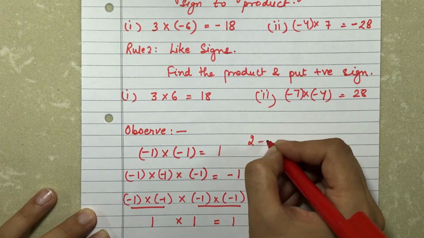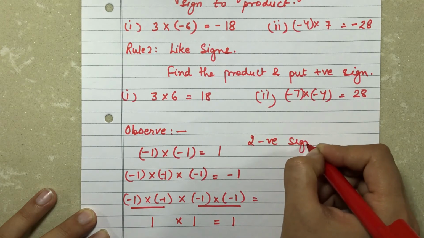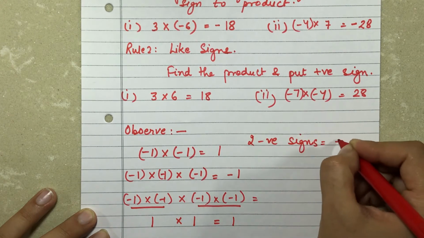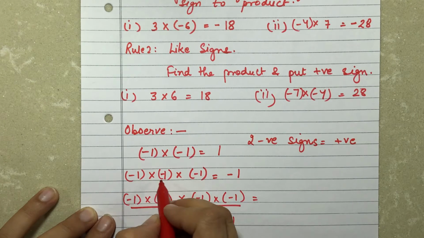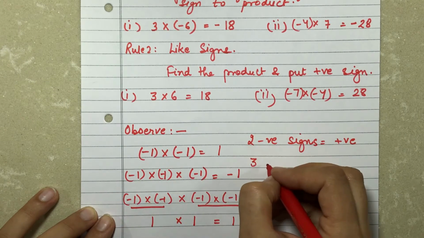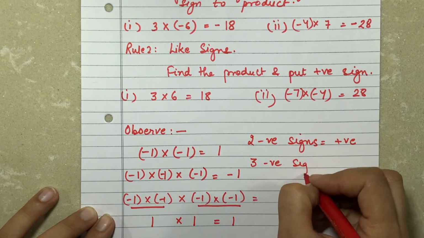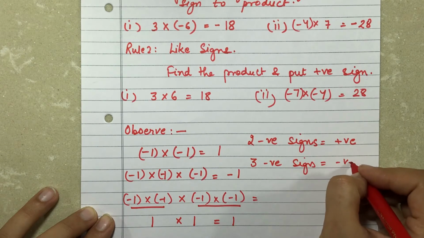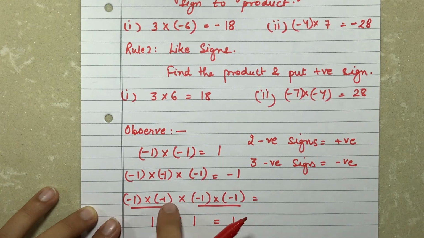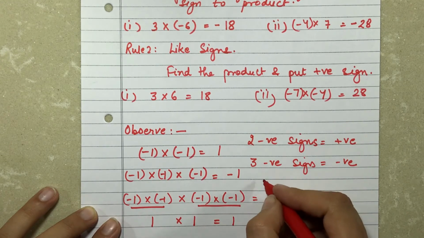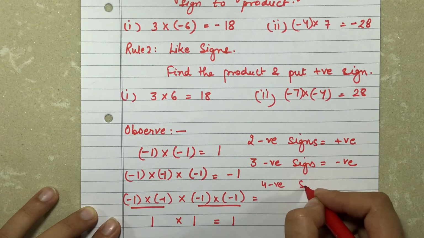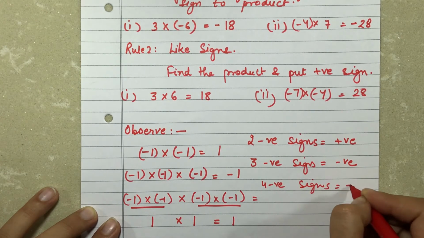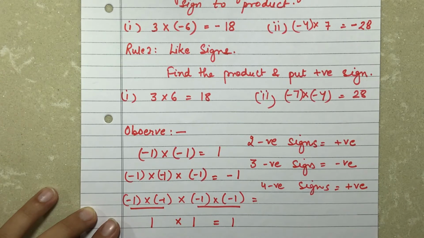For two negative signs, the answer is positive. When you have three negative signs, the answer is negative. And when you have four negative signs, the answer is again positive. So what are we observing?